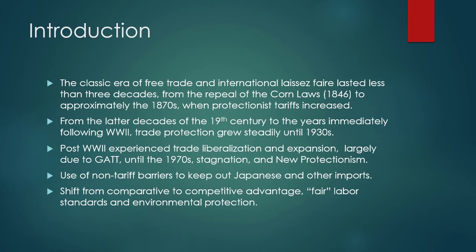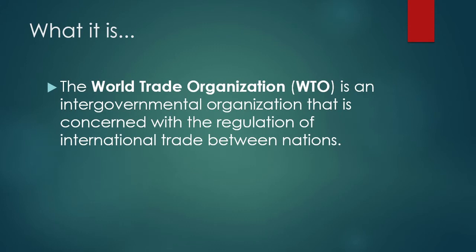Post-World War II experienced trade liberalization and expansion, largely due to GATT, until the 1970s, with stagnation and a new protectionism. The use of non-tariff barriers to keep out Japanese and other imports contributed to the stagnation. The shift from comparative to competitive advantage, fair labor standards, and environmental protection also contributed to the new protectionism.